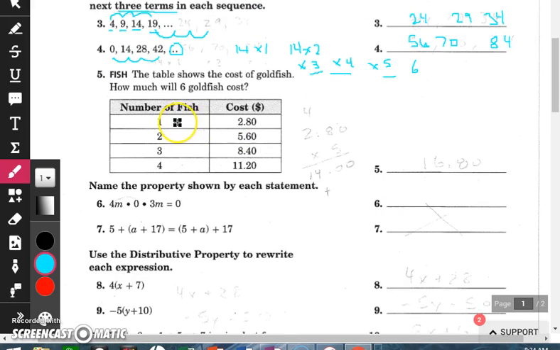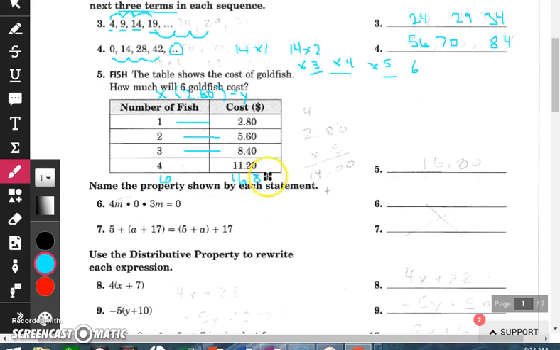Question number 5, what you're seeing is a pattern, an X and Y relationship. Let's say X is the number of fish. Y is basically going to be X times 2.80, $2.80. So basically, whatever number you choose, the number of fish, will be multiplied by $2.80, which will equal Y. Well, in that case, if 6 goldfish is the X, or 6 times 2.80, what you end up getting, I believe, is 16.80.